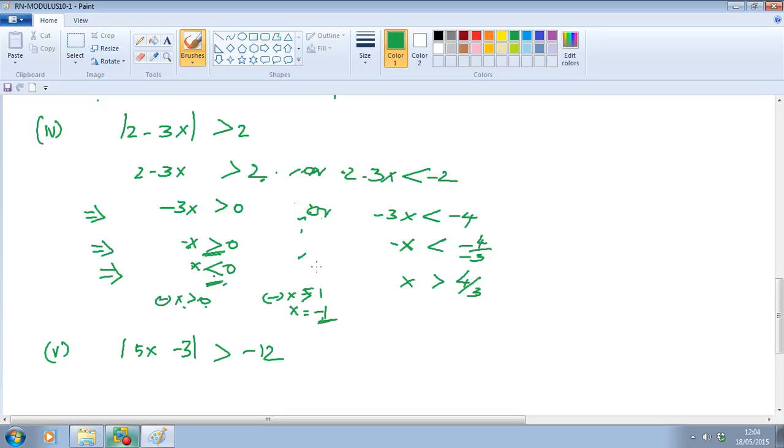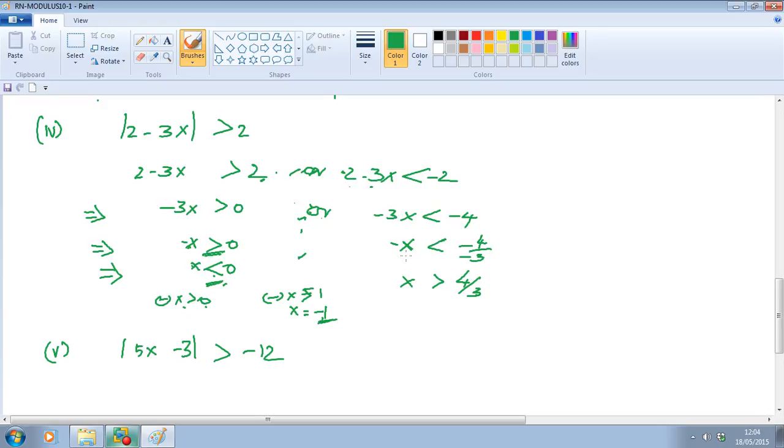The sign thing is like this. Then the other option, 2 minus 3x is less than minus 2. So you subtract 2, and minus 3x is less than minus 4.